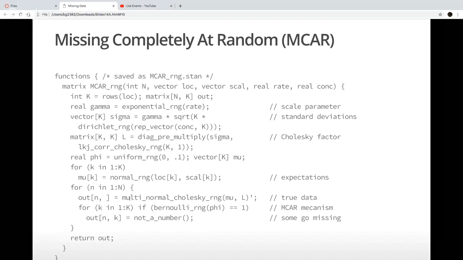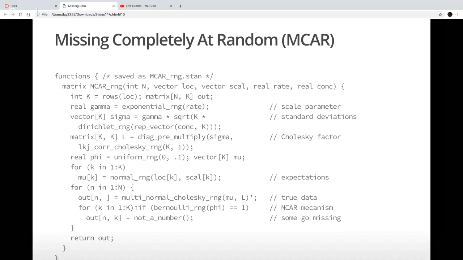So I draw the true data values from a multivariate normal distribution, parameterized in terms of a mean vector and a Cholesky factor for the covariance matrix. So that's the true data that I've gotten preliminarily. But then I loop over my k variables and draw from a Bernoulli distribution with probability phi.